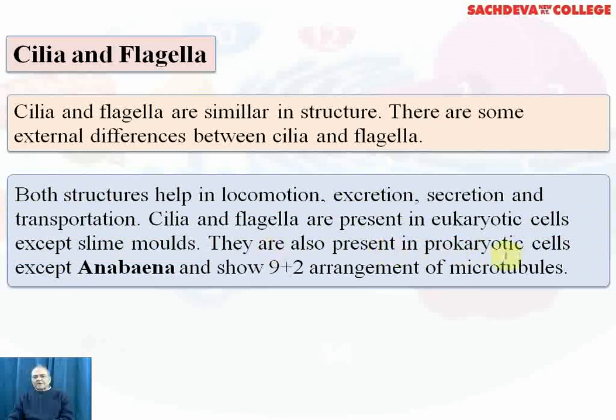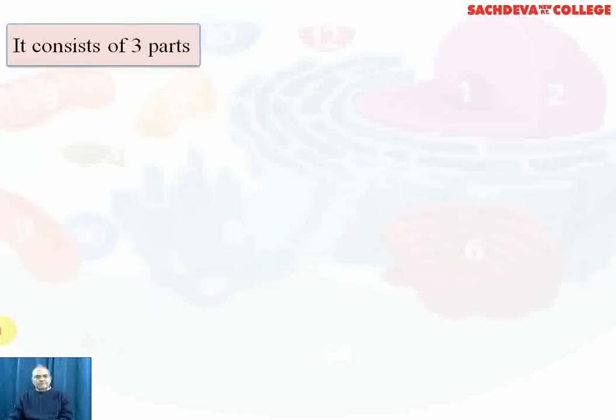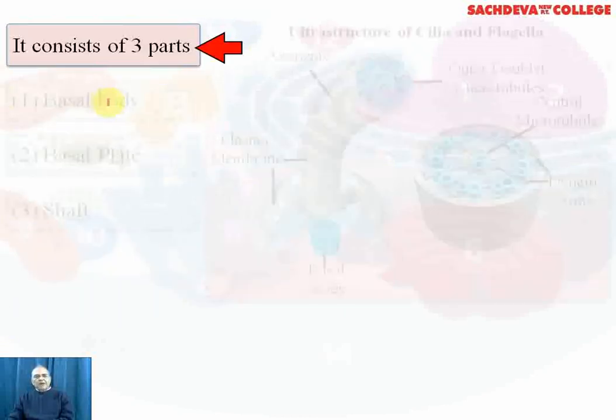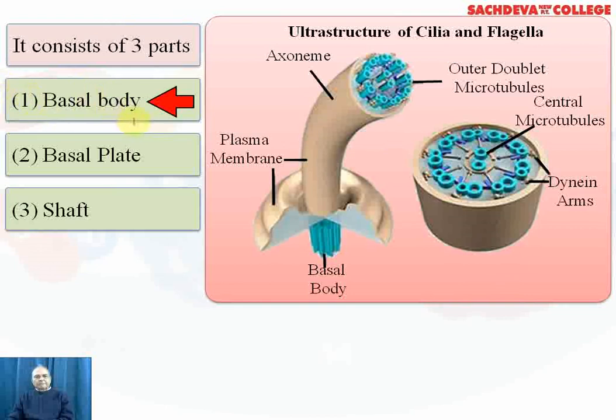They are also present in prokaryotic cells, the exception being Anabaena, and they show 9 plus 2 arrangement of microtubules. It consists of 3 parts: basal body, basal plate, and shaft. And here you can see the section of the cilia and flagella.